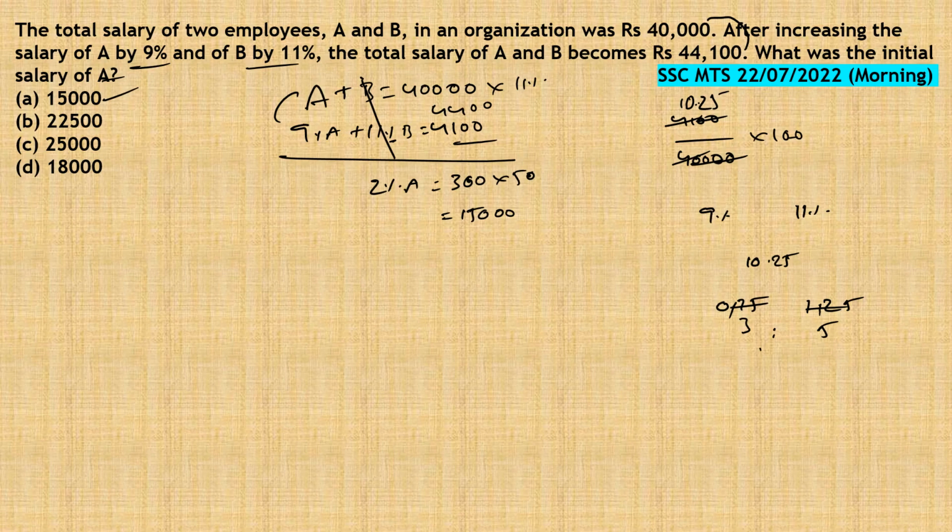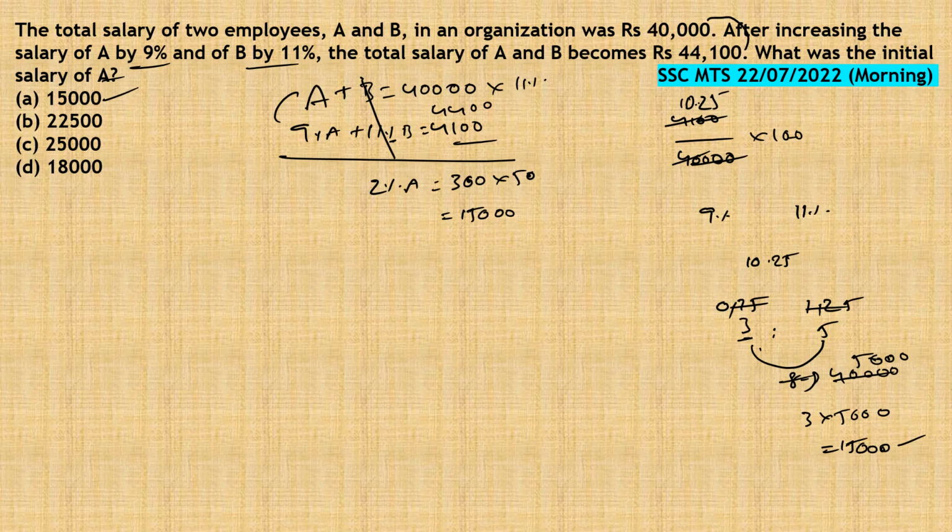The total ratio is 8, which denotes 40,000. 1 ratio denotes 5,000. We need to find the salary of A, that is 3 ratio, 3 into 5,000 is 15,000, the salary of A. Understood?